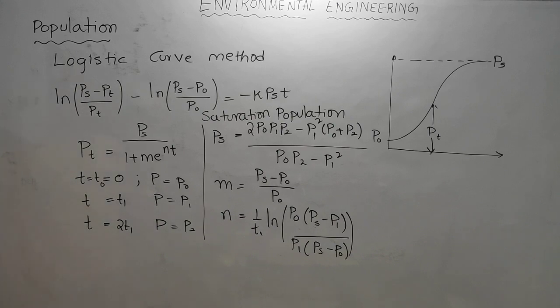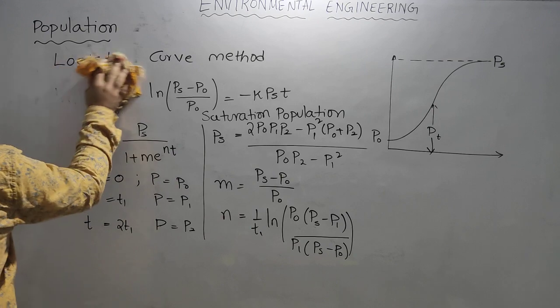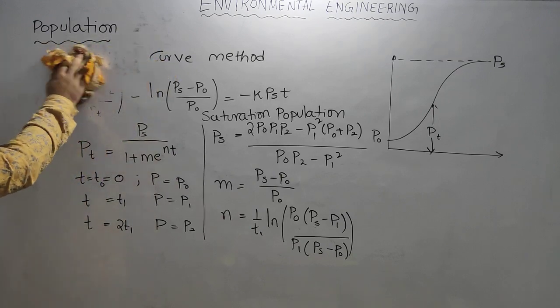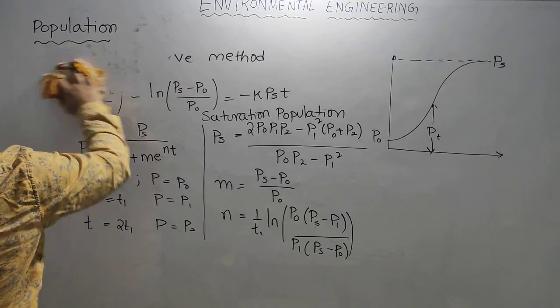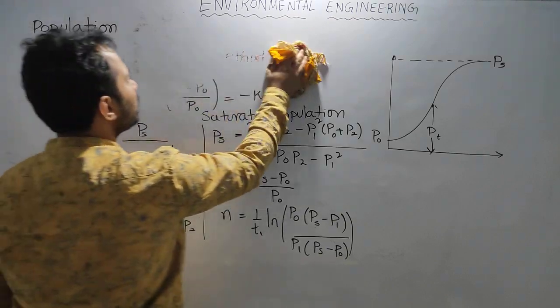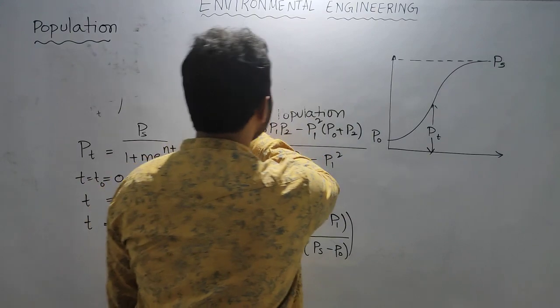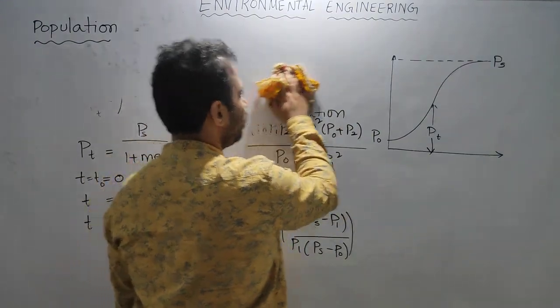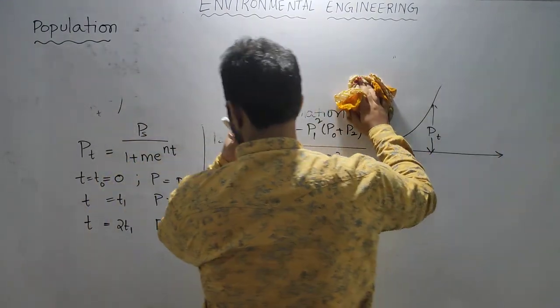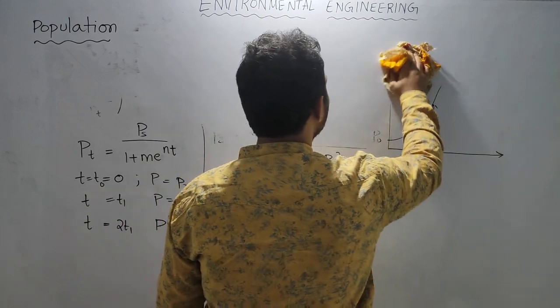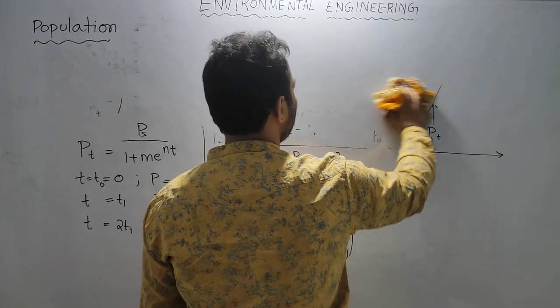So let us go to the next method, that is the simple graphical method. Again, these graphical methods are not important for the exam, because graphical kind of questions cannot be asked in the exam. They are conceptually important, but problem-wise they are not. The simple graphical method is nothing but plotting a logistic curve.